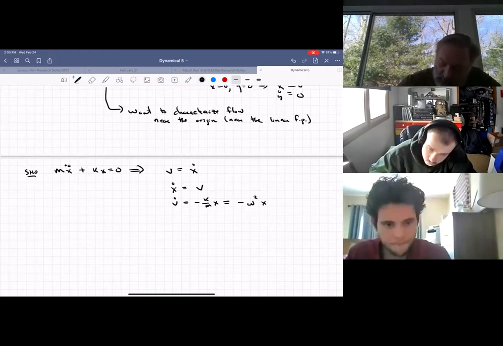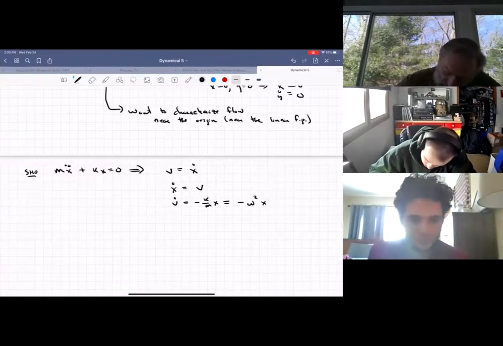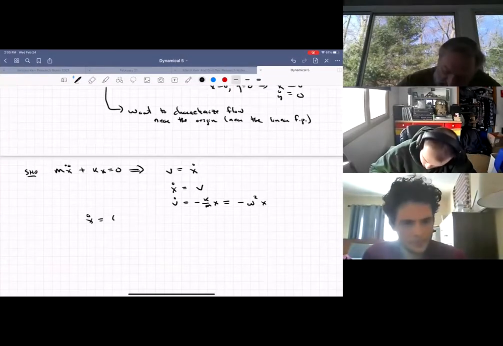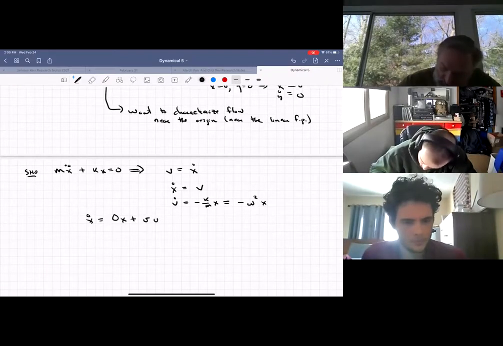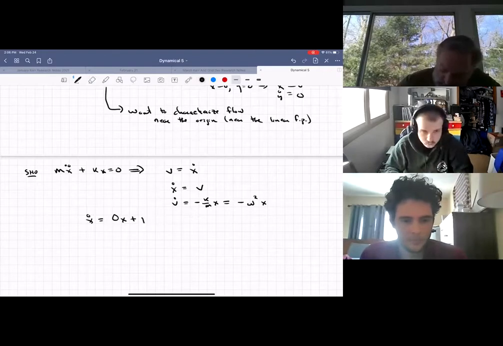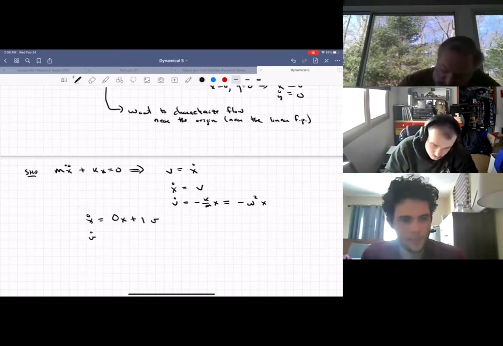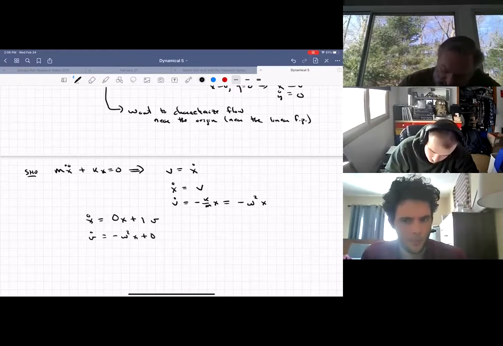So now if I think about this as a linear system, I have x dot is equal to 0 times x plus 1 times v, and v dot is minus omega squared x plus 0 times v. So there's my linear system.